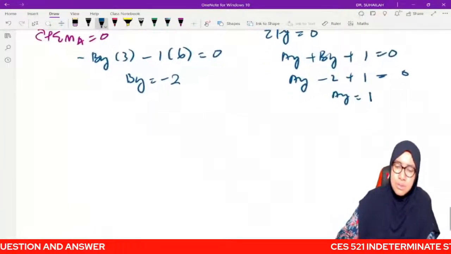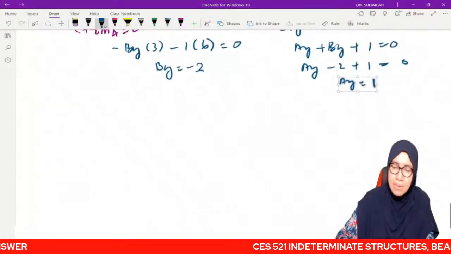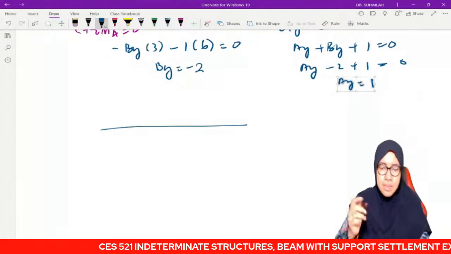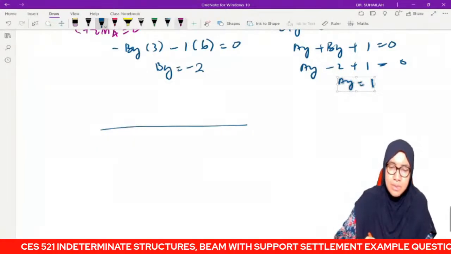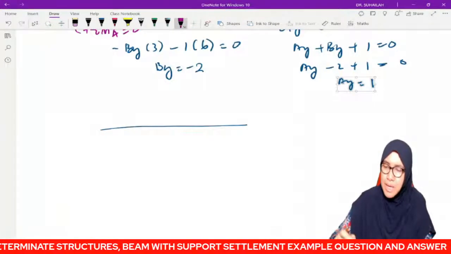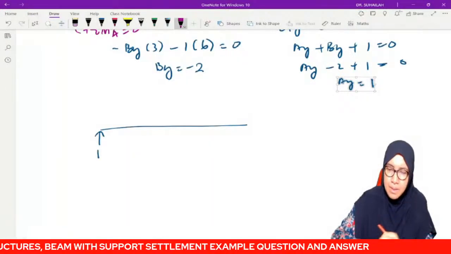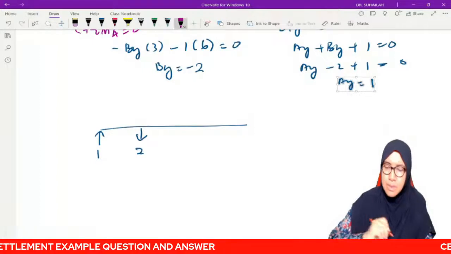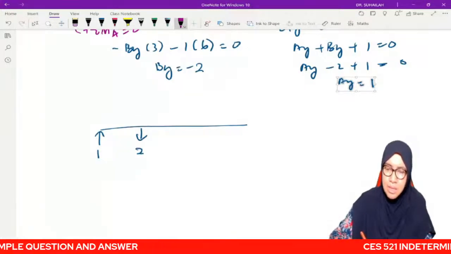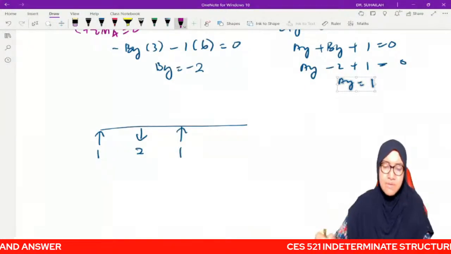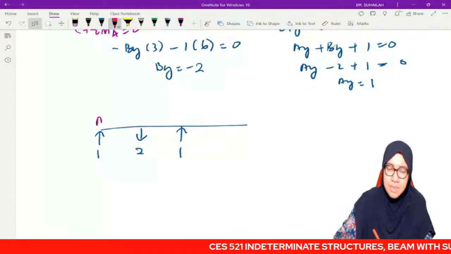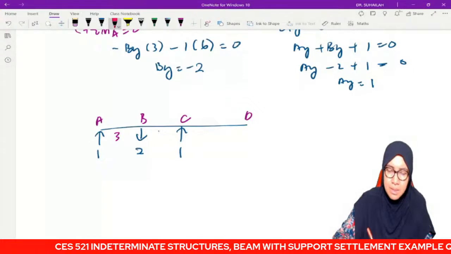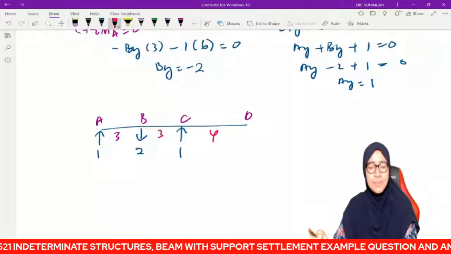So in order to write the moment equation, I draw another one and put all the values. Ay is 1, By is negative 2, and here is a unit value. So this is A, B, C, D, 3 meters, 3 meters, 4 meters.